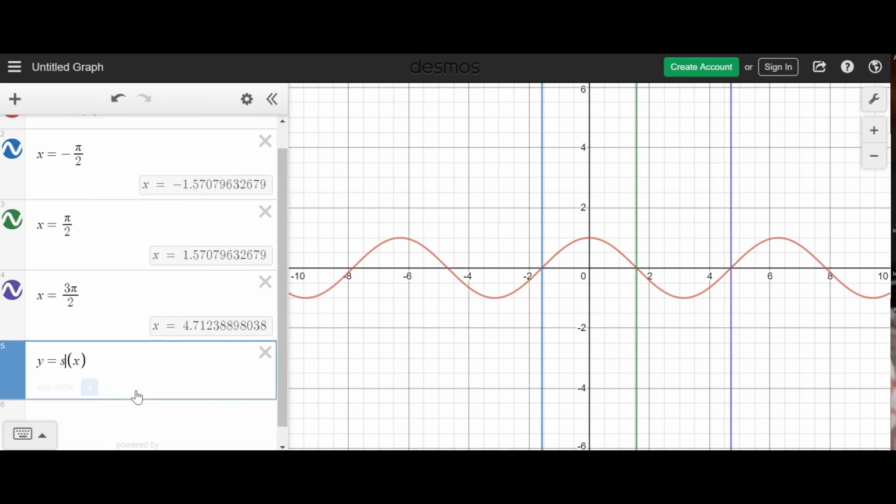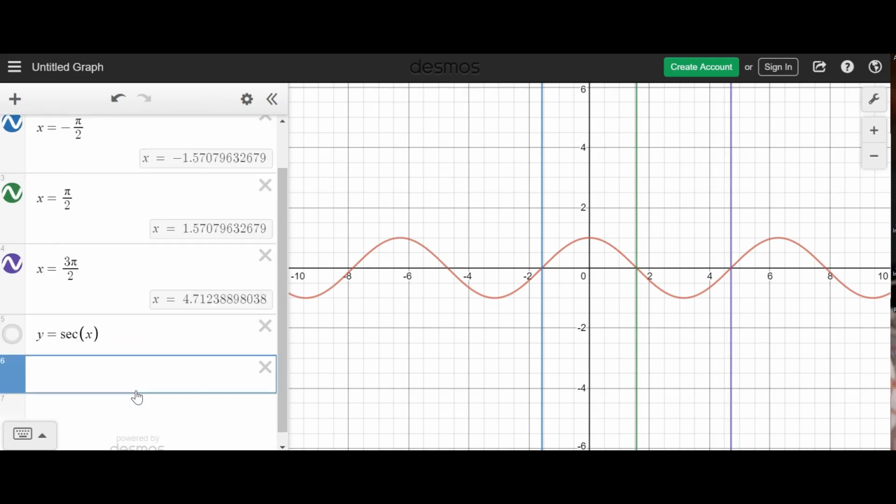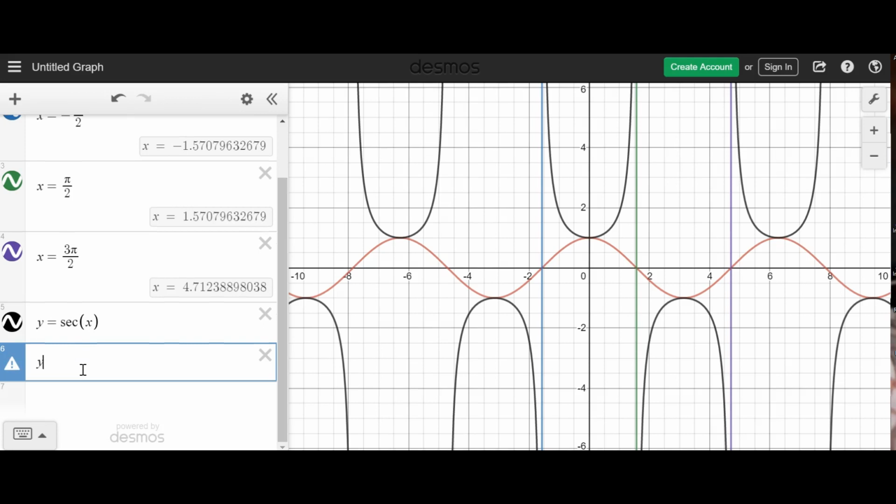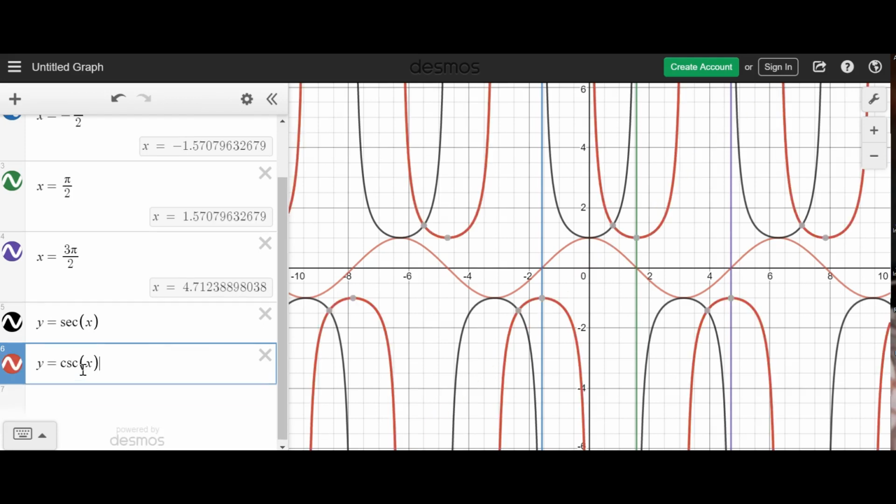And let's see what the secant looks like. Now, you'll notice that the secant looks almost identical to the cosecant. Okay, so let's get the cosecant back up there so you can see it. They look almost identical, but they're off by pi over 2. So the secant is pi over 2 to the left of the cosecant.